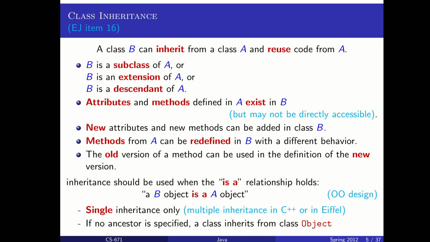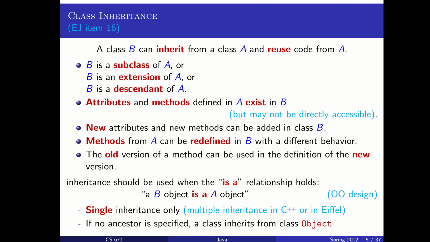We should use inheritance when we could state a sentence that B is an A. For example, a rectangle is a shape, and therefore it would make sense for rectangle classes to inherit from shape classes. But if it is something like person has a name, that is not an inheritance relationship. A person is not a name, but a person has a name.